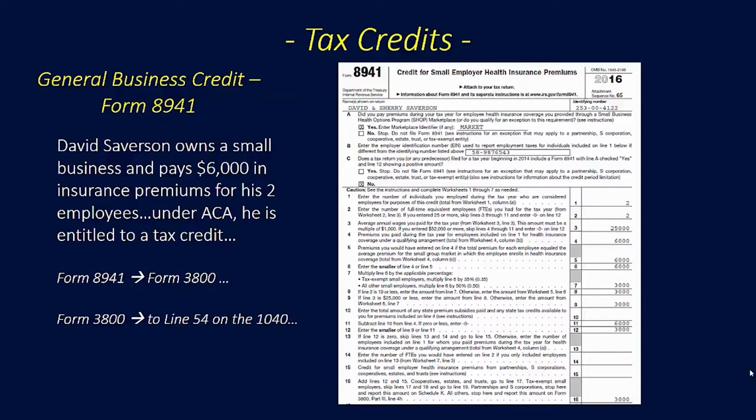Now, this credit comes as a result of the Affordable Care Act. So under the Affordable Care Act, David is entitled to a tax credit. This Form 8941 flows to the Form 3800. The Form 3800 flows to line 54 on the 1040. And again, this particular taxpayer gets a credit for paying health insurance premiums as a small business employer.